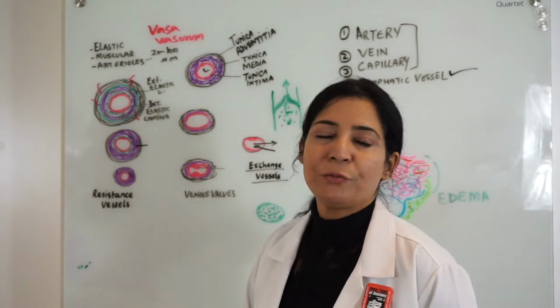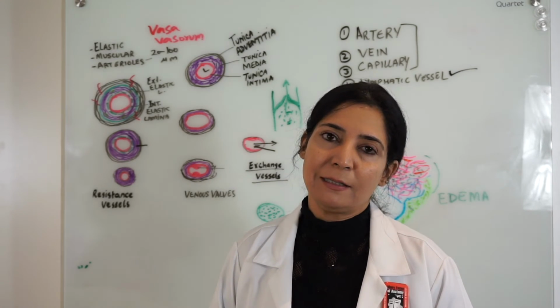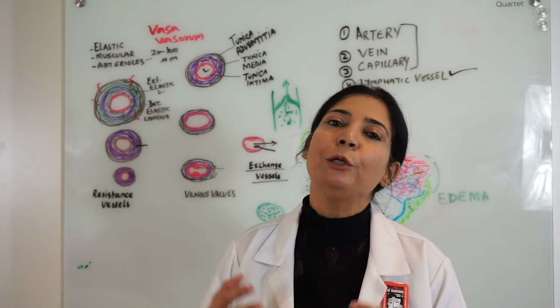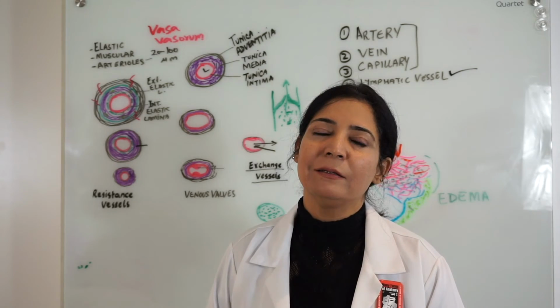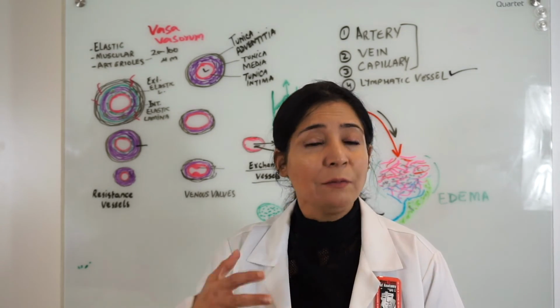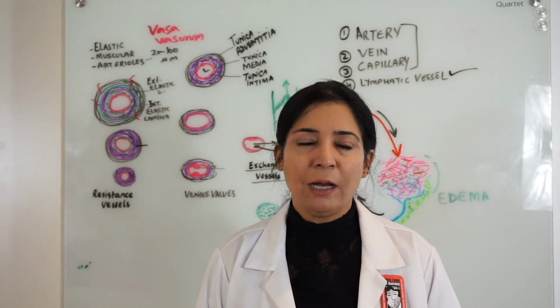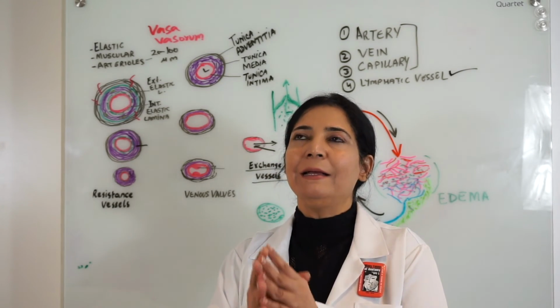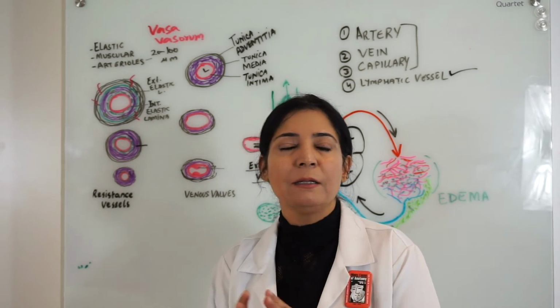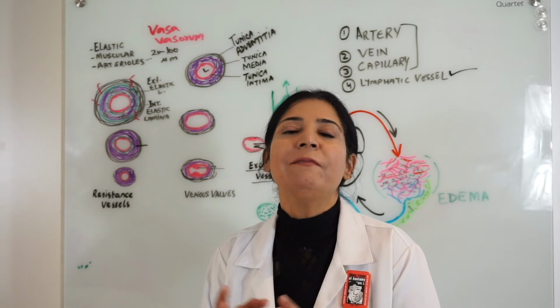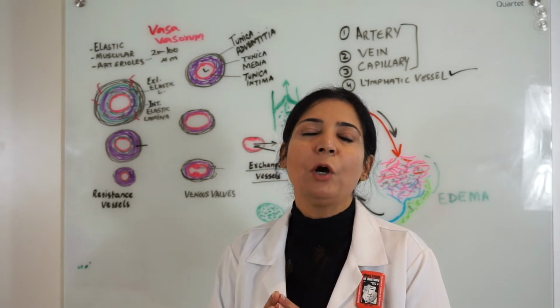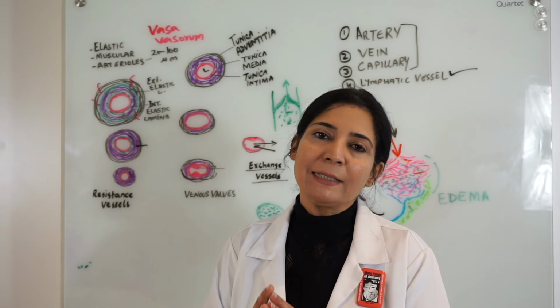The tunica media of these large arteries will start losing elastic tissue, and that will lead to hardening. The large arteries will become inflexible. They will not be freely contracting and relaxing.